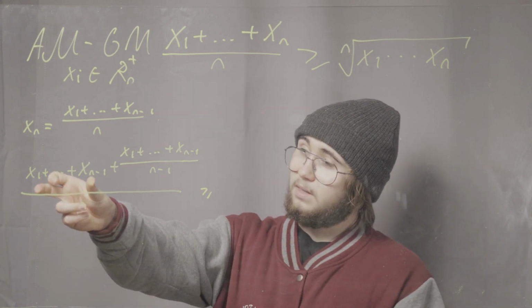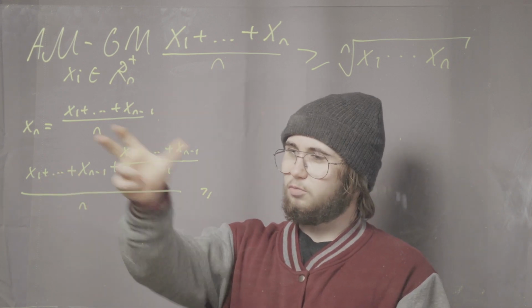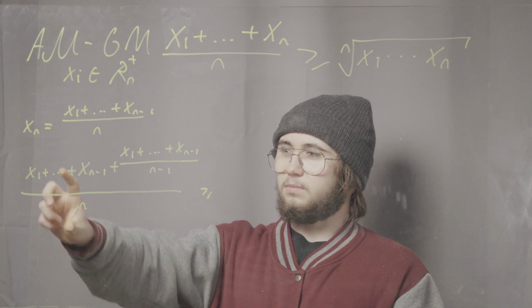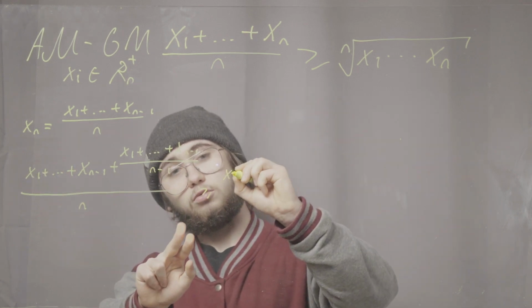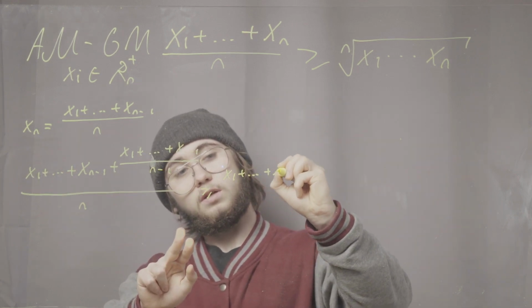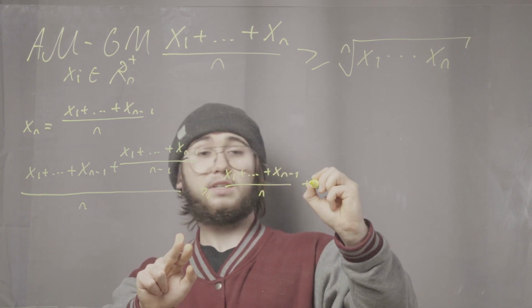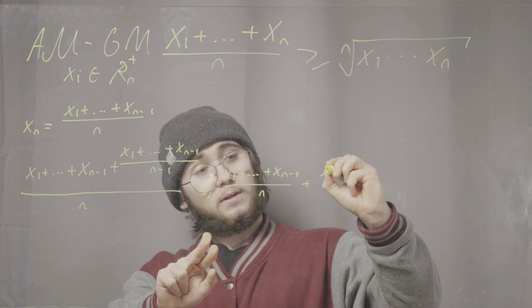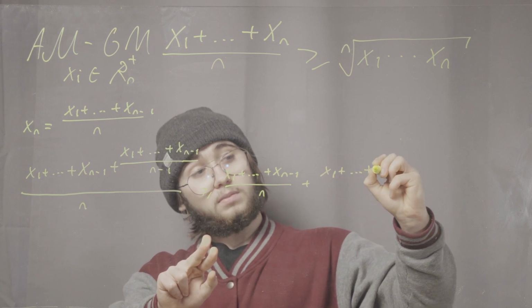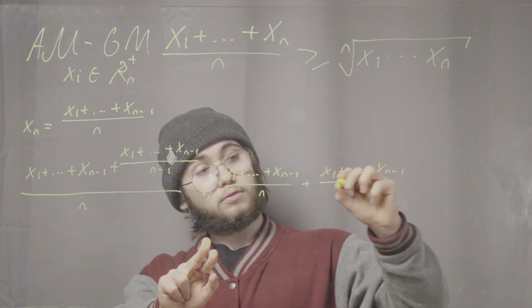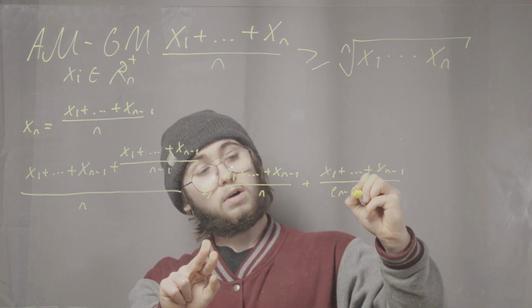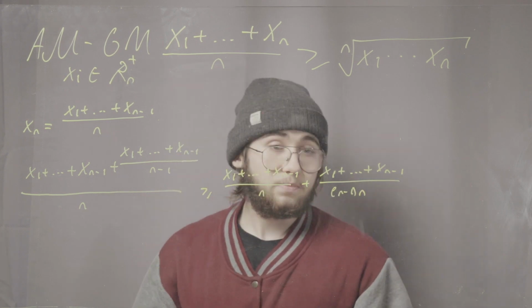I can partition this fraction into two fractions. One fraction is almost the arithmetic mean of those n minus 1 numbers, and the second fraction is the arithmetic mean of the first n minus 1 numbers itself, however, divided by n additionally.